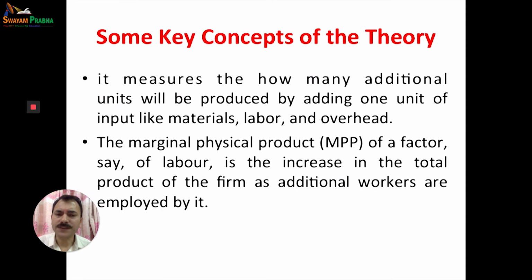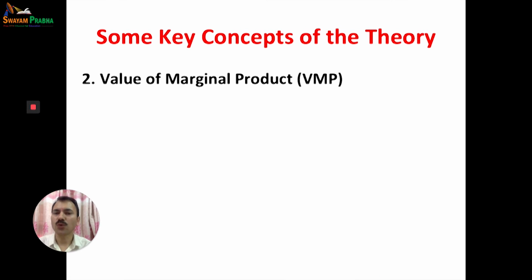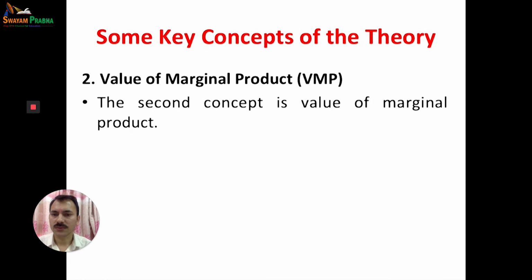The marginal physical product, MPP, of a factor, for example labor, is the increase in the total product of the firm as additional workers are employed by it. Second is the value of marginal product, VMP, which is a key concept of the theory of marginal productivity.